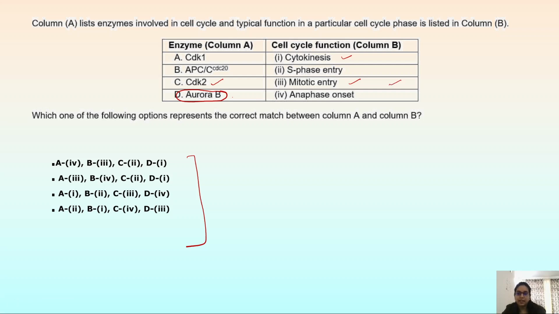It triggers the entry into mitosis, that is the M phase, and also regulates various processes during mitosis. But this CDK2 basically goes with the mitotic entry because Aurora B can be present in cytokinesis also. Next is the APC and CDC20, that is the anaphase promoting complex or cyclosome with CDC20.